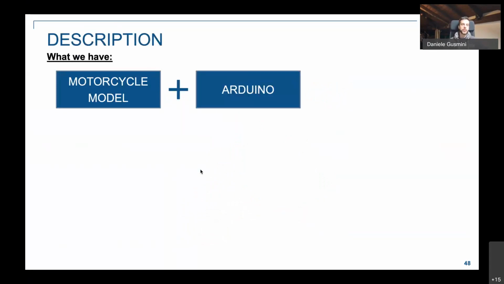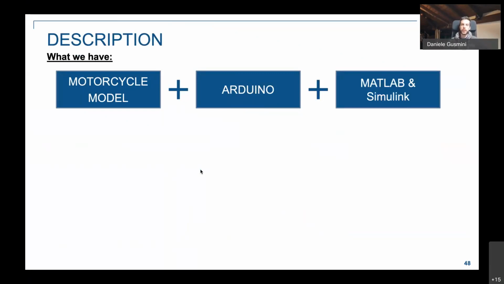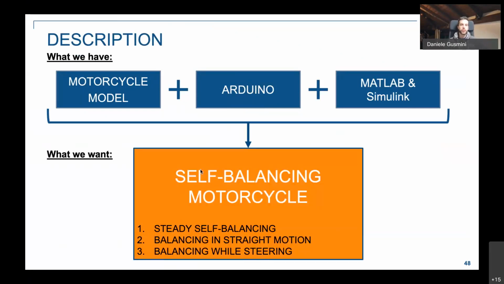The Arduino is the core board, able to be programmed from Simulink, and so is the link between Simulink and the hardware, sensors, and actuators. And finally, as I said, MATLAB and Simulink. All of these are the tools to create a self-balancing motorcycle.